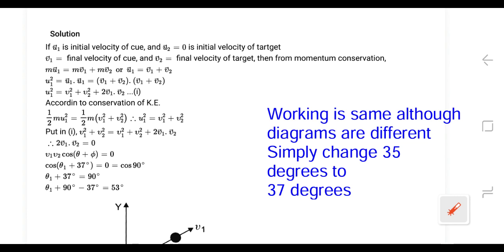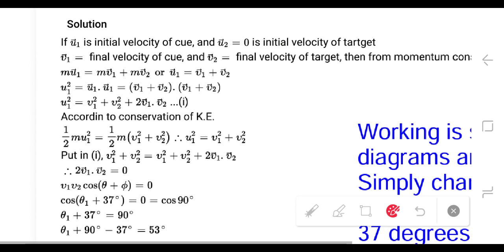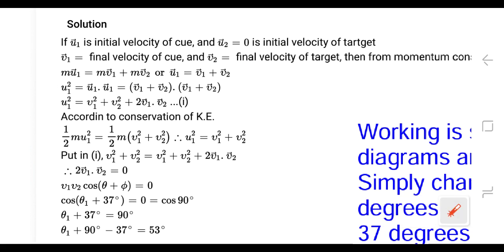All right, so let me, so here you can understand that if we divide by m both sides, cancel m, we will be left with u1 is equals to v1 plus v2. That's what it implies from this equation.